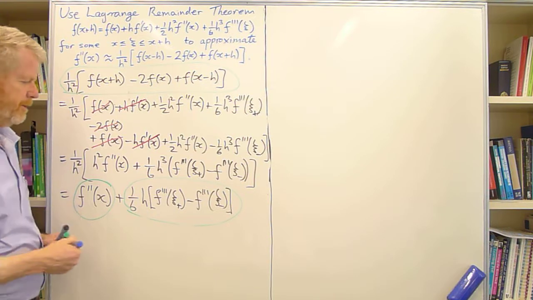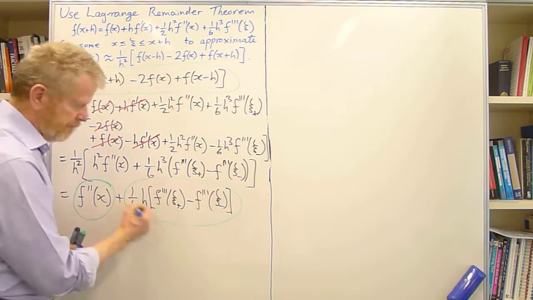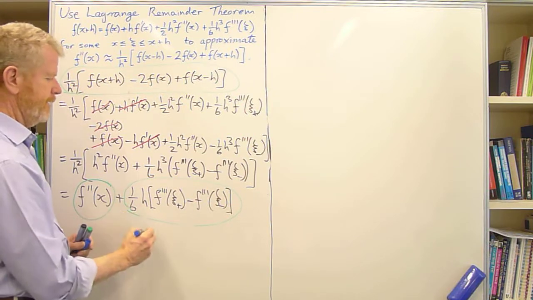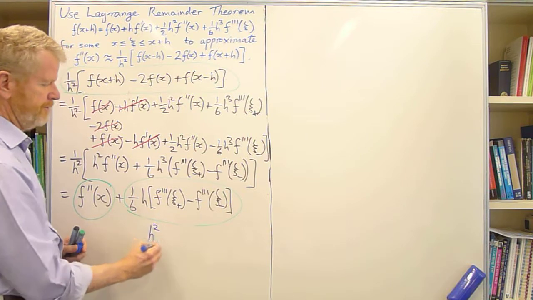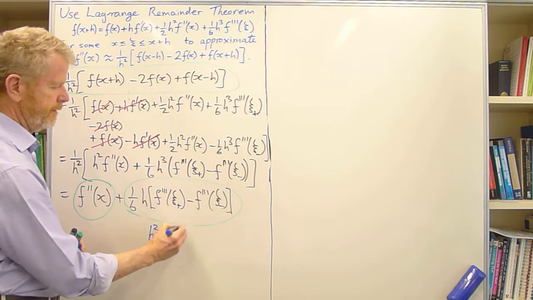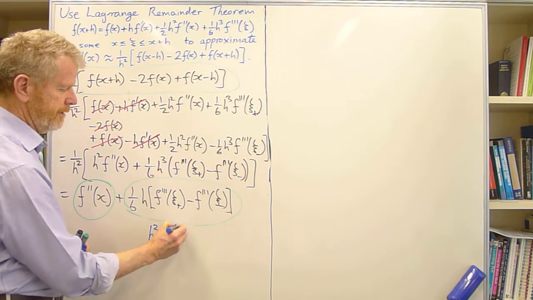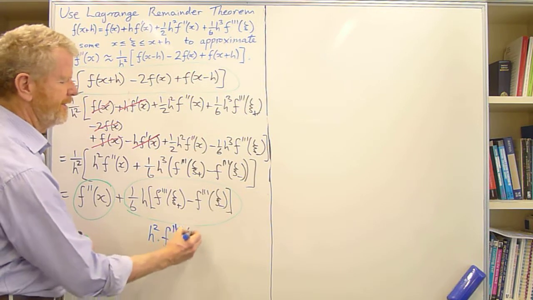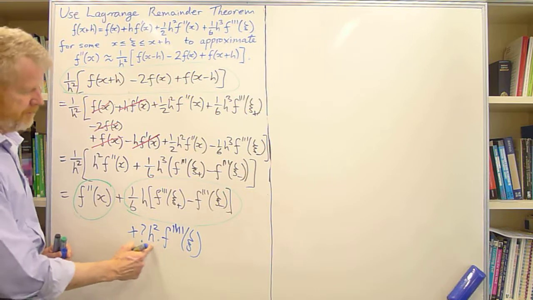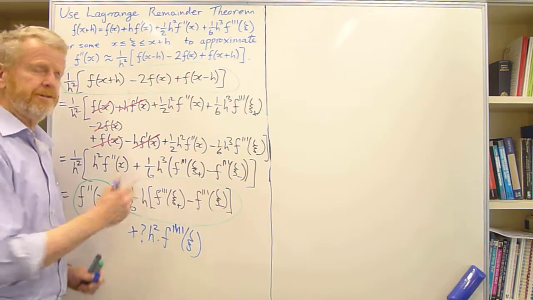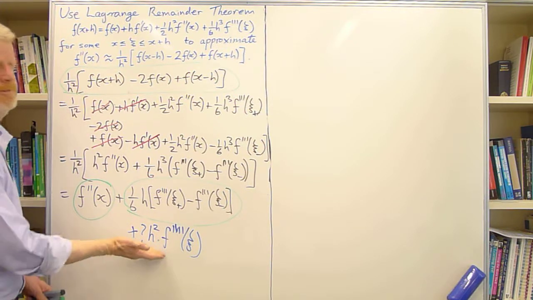And with some more work, you can show that a better expression for the error is actually some coefficient h squared times something in the fourth derivative. So some coefficient h squared, fourth derivative at some point xi. But we won't do that here.